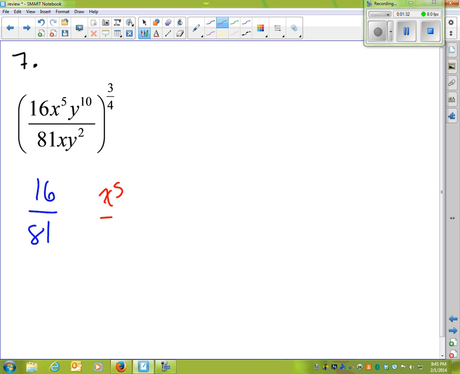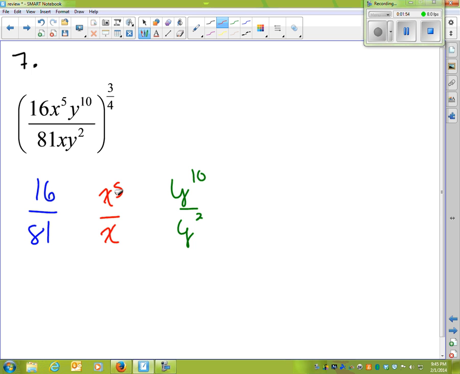X to the 5th over x, y to the 10th over y squared. So I'm going to set aside that 3/4 power for a moment, and I'm going to just look at all the stuff on the inside. And let's see what we can simplify first. 16 and 81, they can't reduce, so I'm going to move over to my x's.